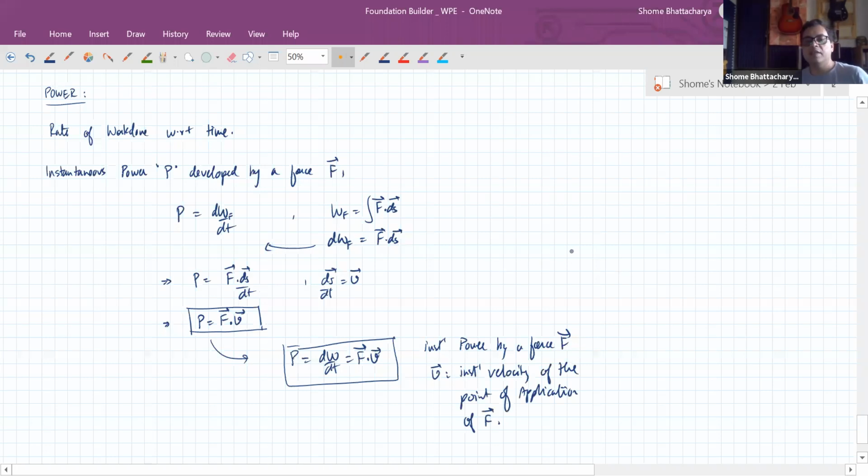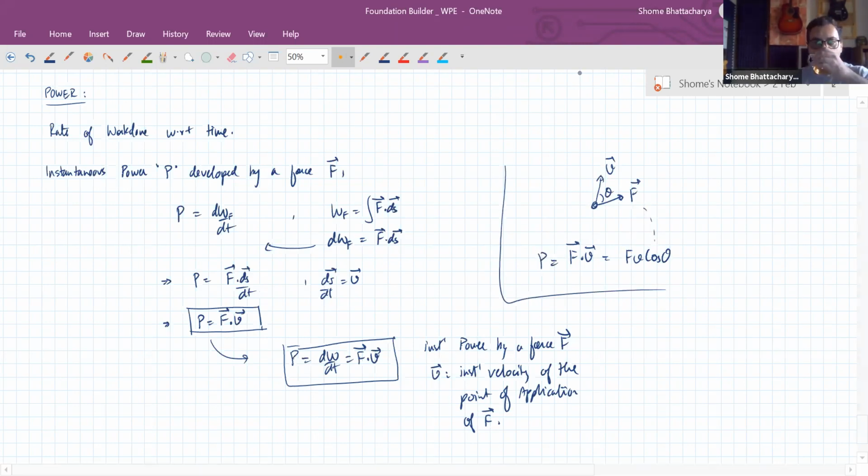Where you know that basically F dot V is the scalar product, FV cos theta. So the force is acting at a point like this, while the point's velocity is like this. The angle between them is this. Next couple of lectures we'll be discussing H.C. Verma questions and also from the module.